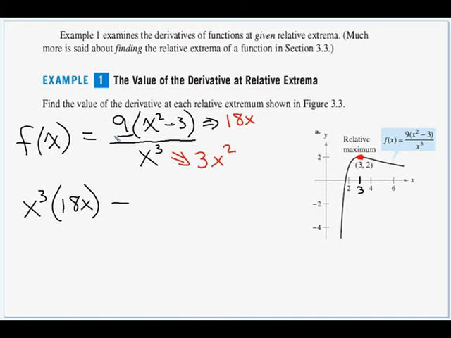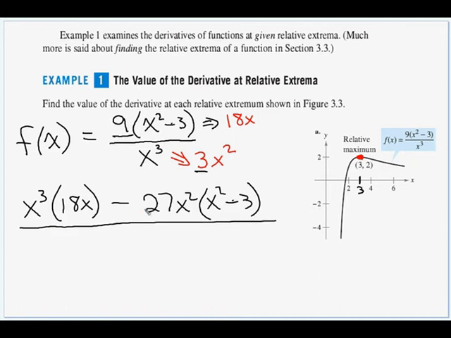Minus high d low. So I'm going to multiply sort of on this diagonal. And right off the bat, I'm going to multiply the 9 by the 3x squared and get 27x squared times the quantity x squared minus 3. And that is all over low low, or x to the third times x to the third. And let's start to clean this up a little bit.